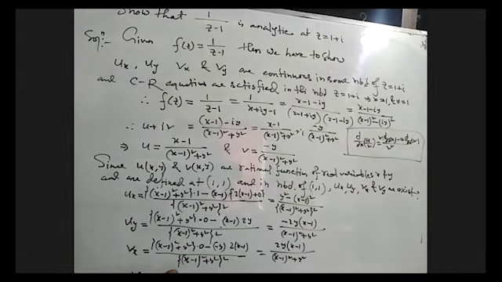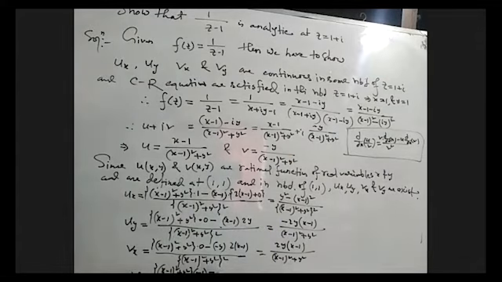Sorry, b means (x minus 1) whole square plus y square. This whole b square, b into y square into differentiation of minus y with respect to y, what will be? Minus 1.